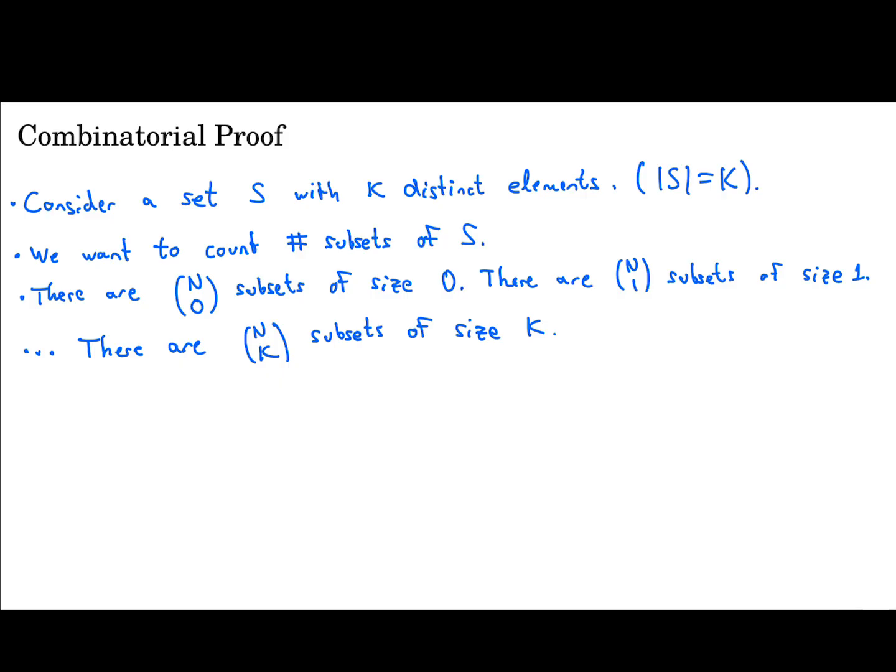And so if you sum all of them, the amount of subsets then has to be equal to the sum of n choose 0, n choose 1, up to n choose n. So this is the amount of subsets of the set S, right?